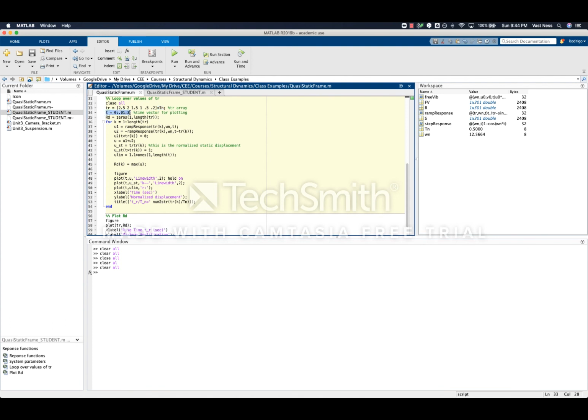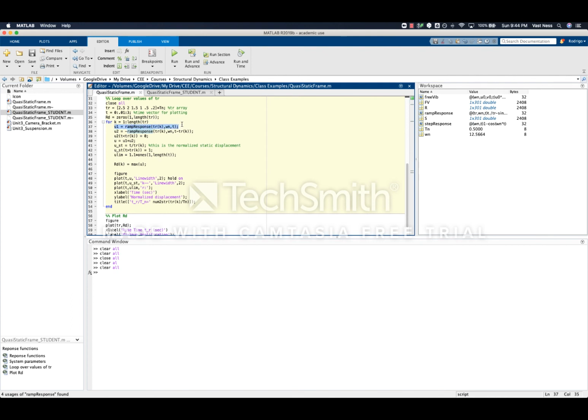My time vector is defined as it was before, and I have this placeholder here for storing the values of RD, which will be my maximum displacement values essentially. But since we're looking at normalized values, this is simply just an amplification factor, which is why I'm calling it RD.